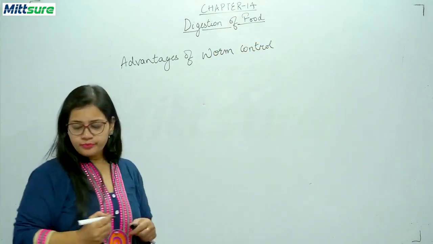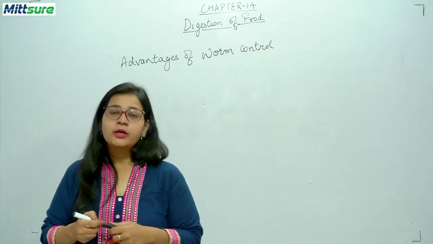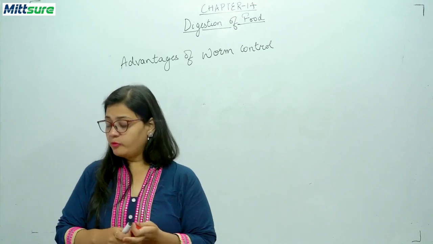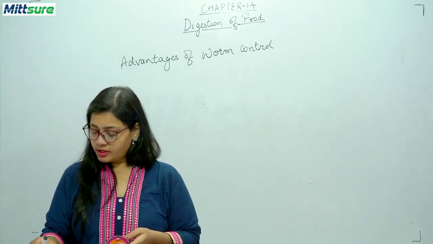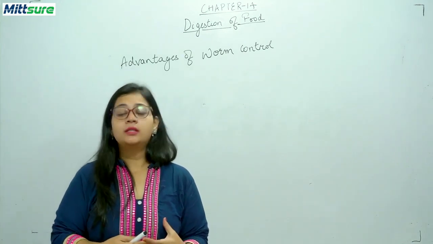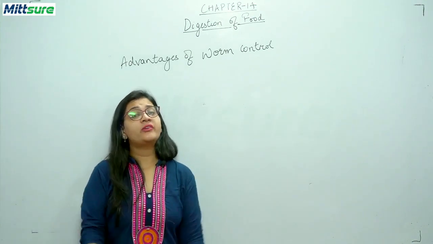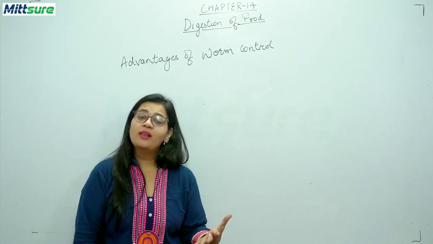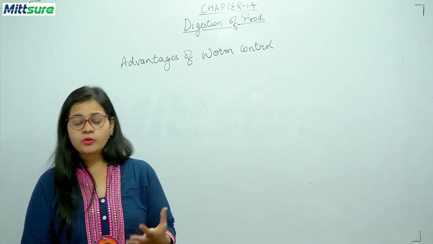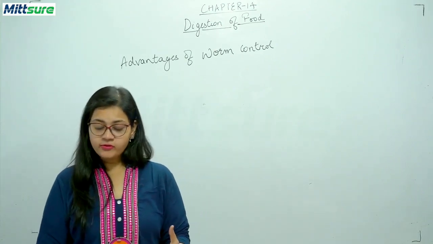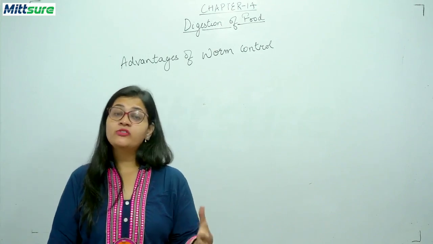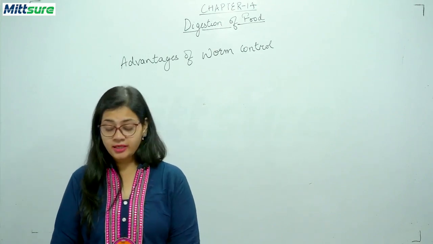Now, students, if we control this worm problem or worm infection in children, then what happens? The physical and the mental strength of the children increases, and they rarely fall ill. So it helps in the fast development of children and also helps them concentrate more in their studies.